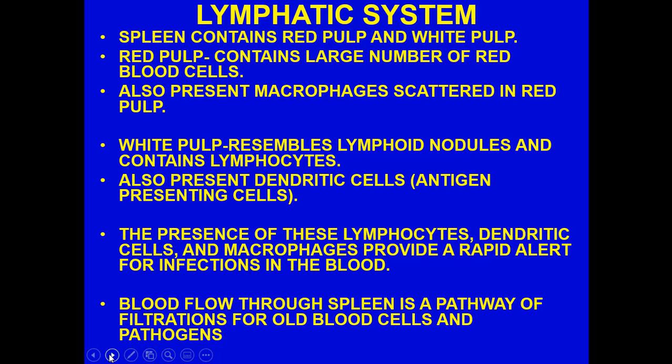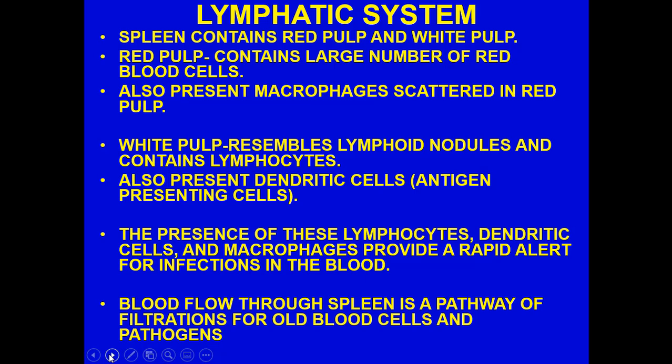Now the white pulp resembles lymphoid nodules and contains lymphocytes. It will also present dendritic cells. These are antigen-presenting cells. You'll hear this a lot, APCs. It's basically the same thing as saying dendritic cells. They present antigens to teach the T cells and the B cells, hey, this is an antigen, this is a substance coming from a particular bacteria or a particular virus or whatever.